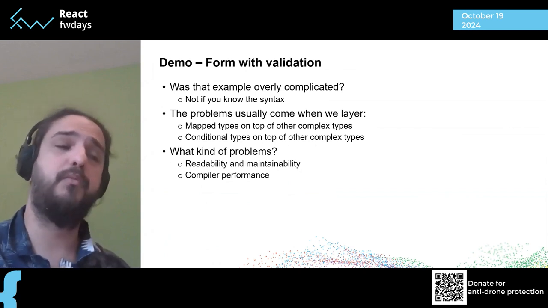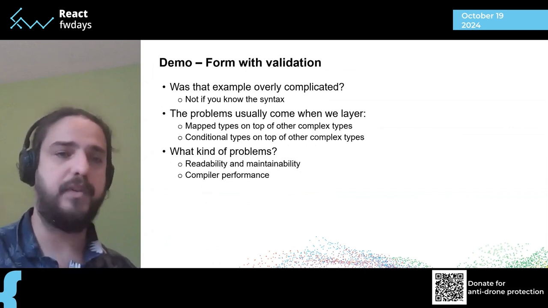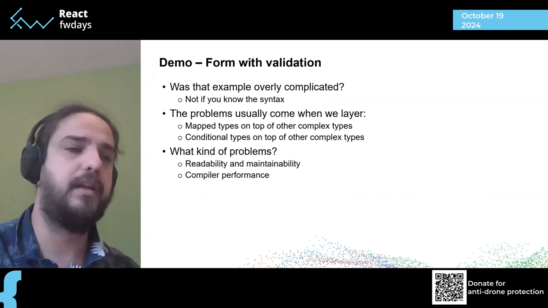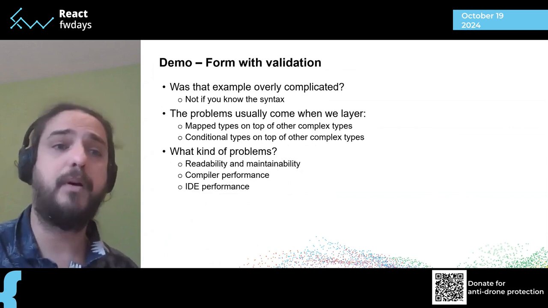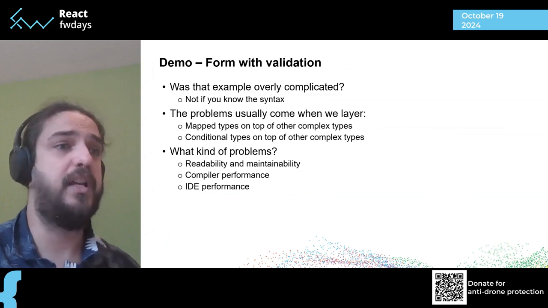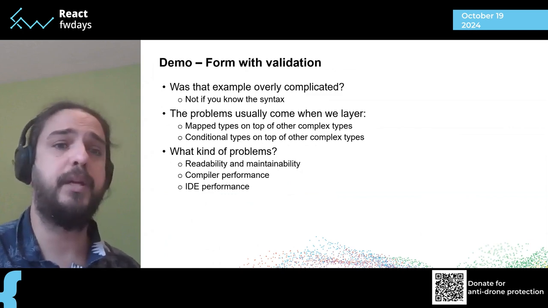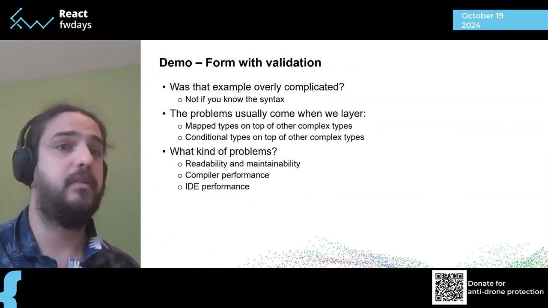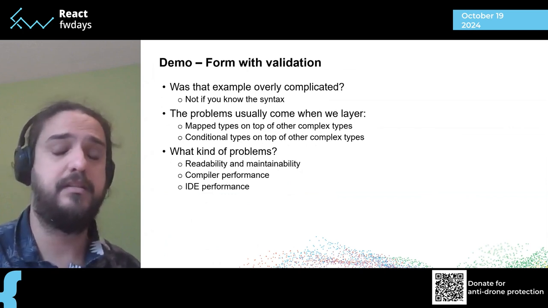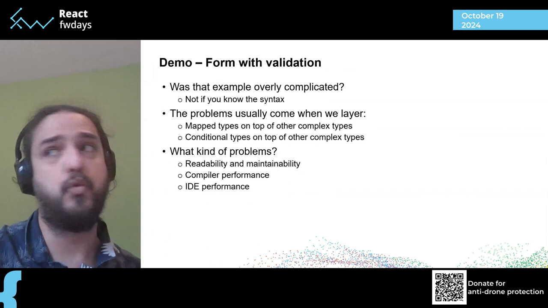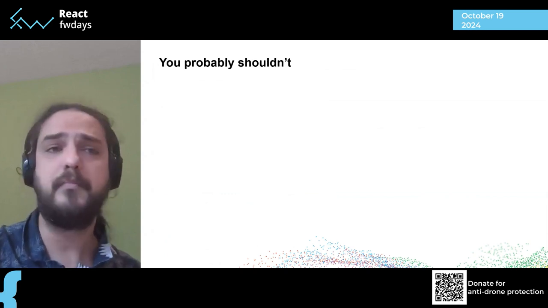Your builds will be slower because TypeScript needs to evaluate all of these, and that is usually pretty expensive. And also IDE performance. Your IDE will get slower because of such complicated types, and your colleagues will definitely not thank you if their experience is a lot slower, even if you catch more type errors.